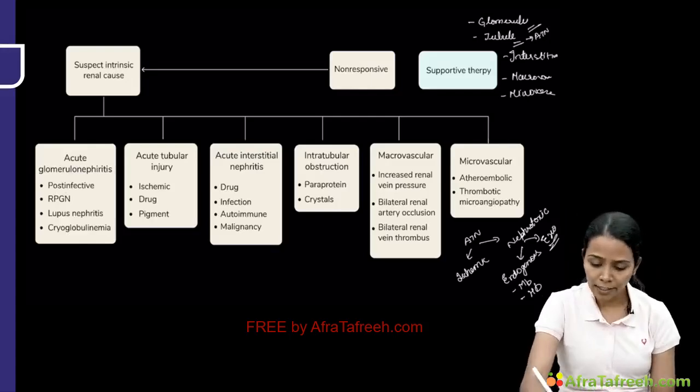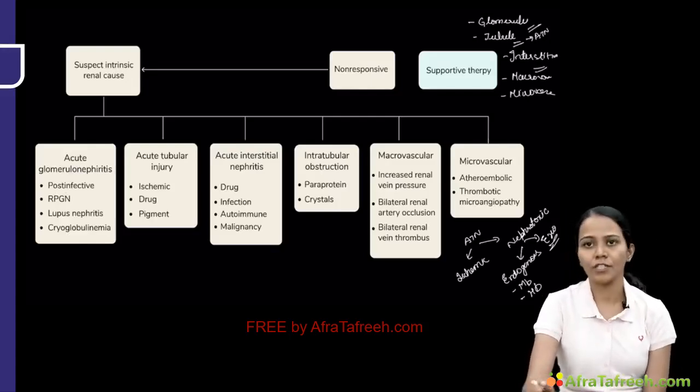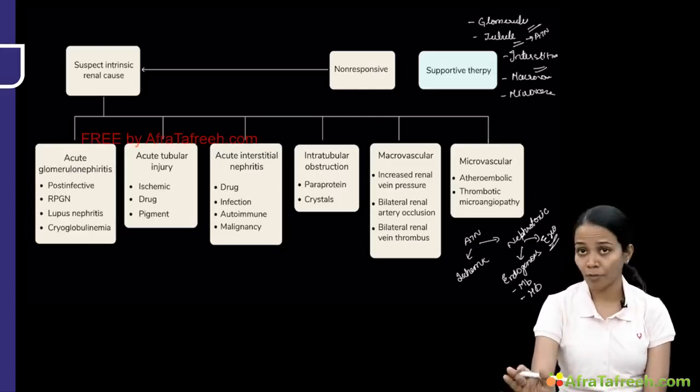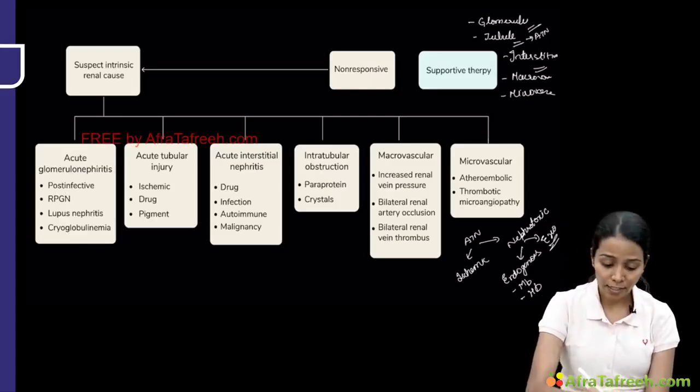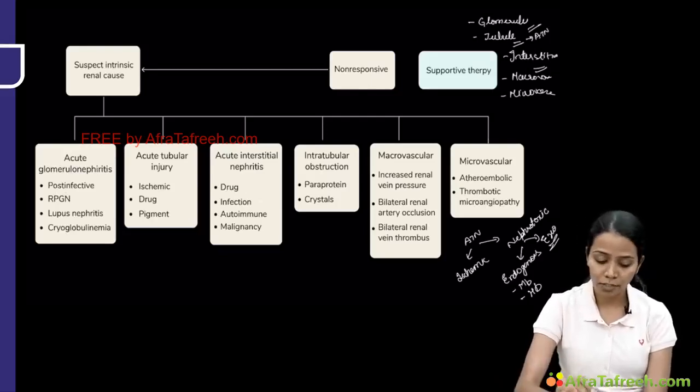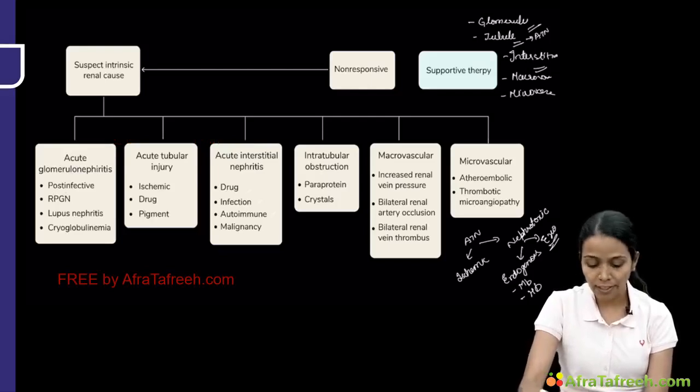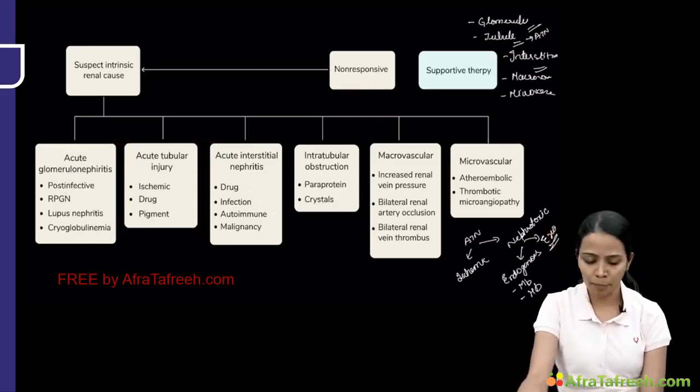Okay. Interstitium is acute interstitial nephritis. In detail, we have dealt with it in the chapter on acute interstitial nephritis, where drug, infection, malignancy, autoimmune condition, all that can cause it. Next is tubule again, intratubular obstruction by crystals or paraprotein.